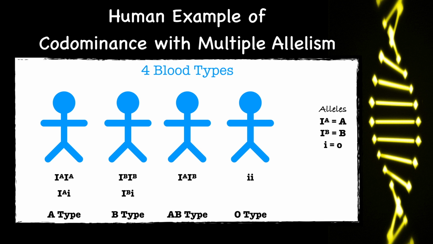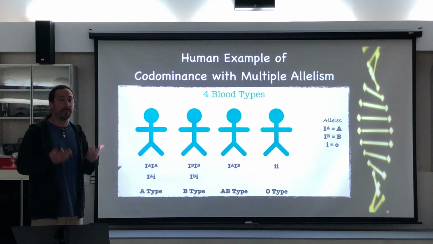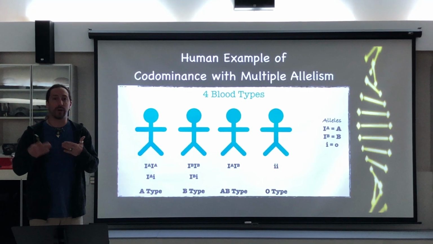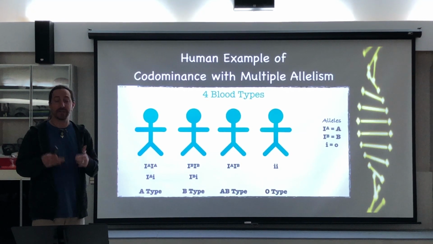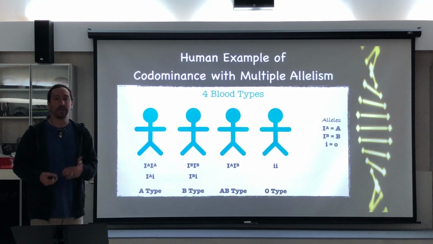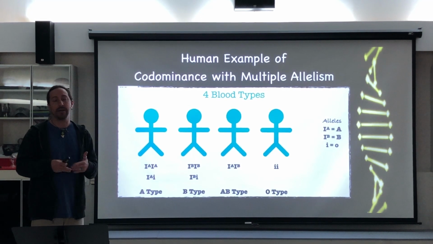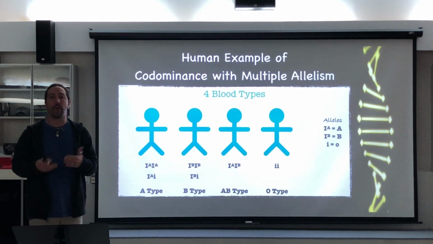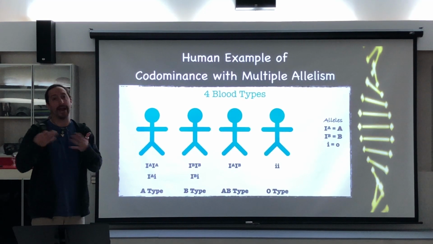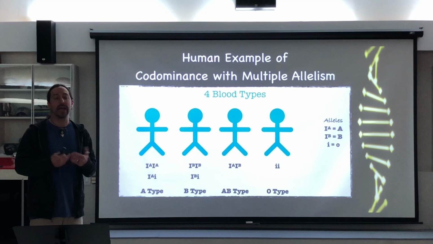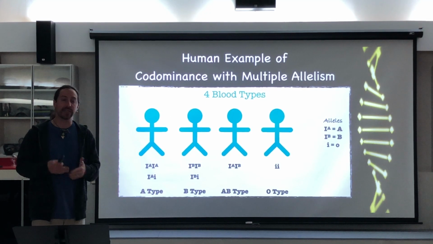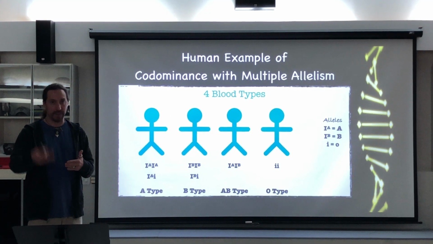So O-type blood can only be homozygous recessive. A-type blood can be homozygous for A or heterozygous with A and O. B-type blood can be homozygous for B or heterozygous with B and O. And AB blood can only be heterozygous with both A and B.